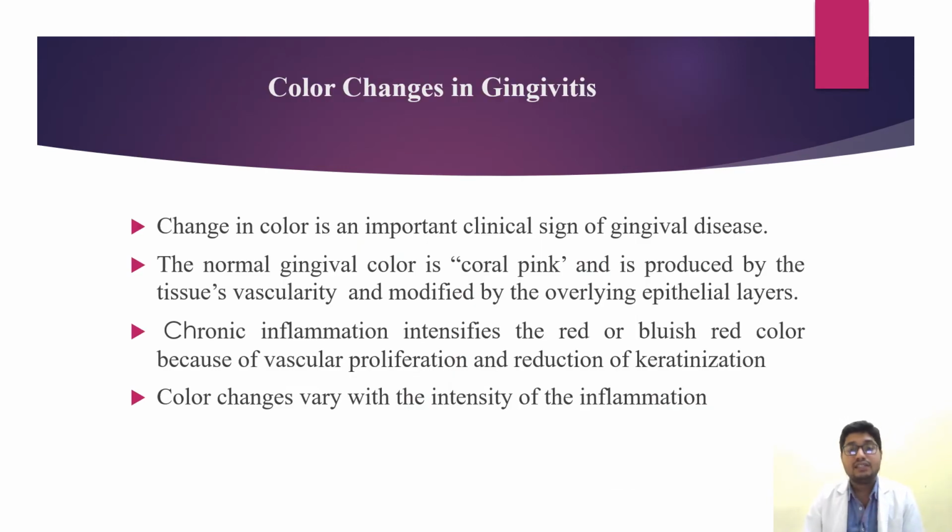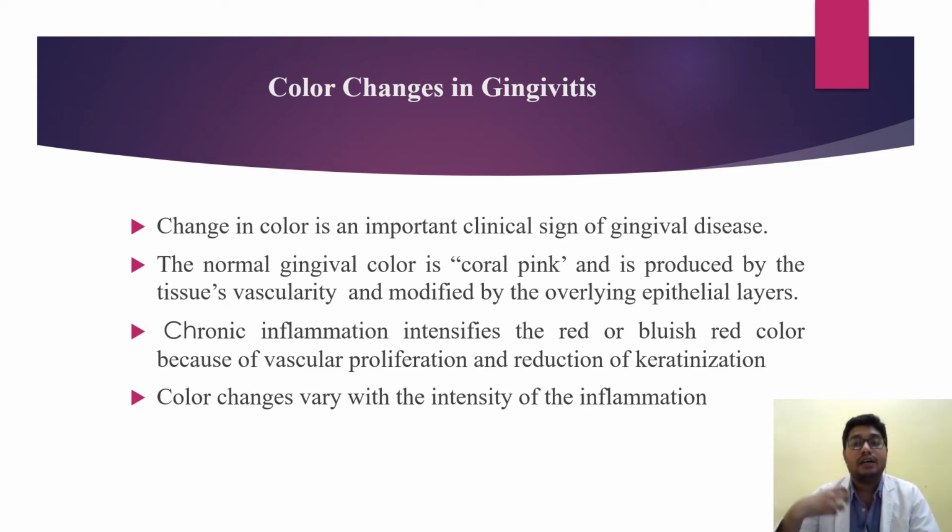Now the color changes in gingivitis. What color changes can you normally see in the gingiva? Normally, the color of the gingiva is coral pink, and this normal color is produced by tissue vascularity and modified by overlying epithelial layers. But in chronic inflammation, the color intensifies to red or bluish red because of the vascular proliferation, which we studied in the first and fourth stages of gingivitis.